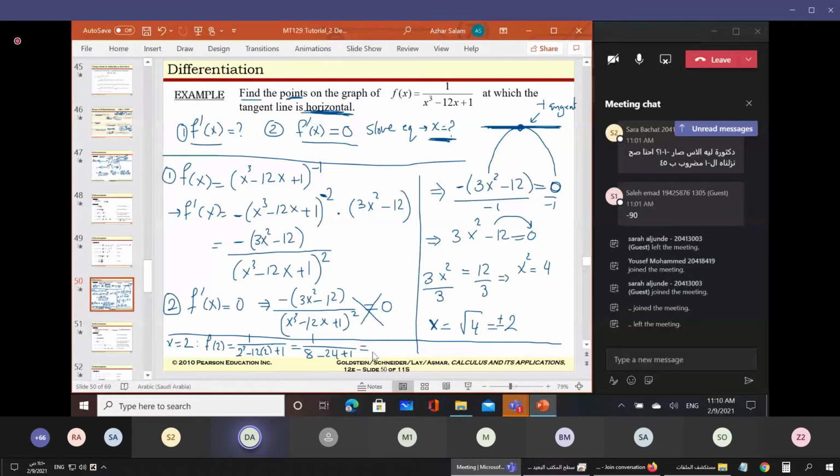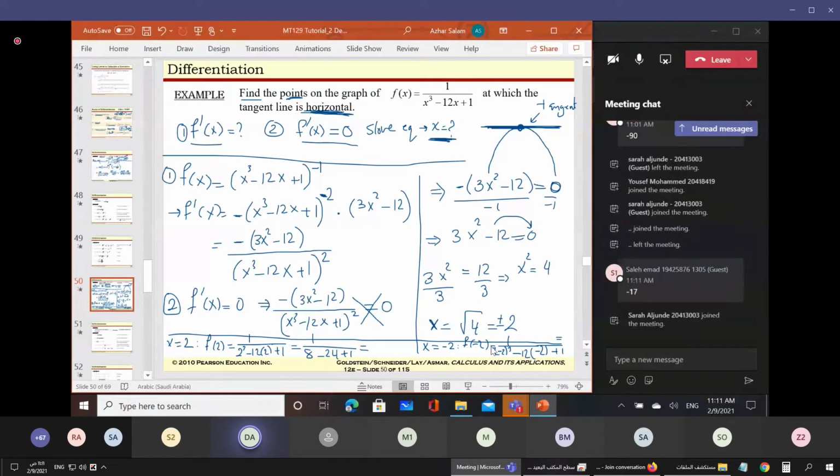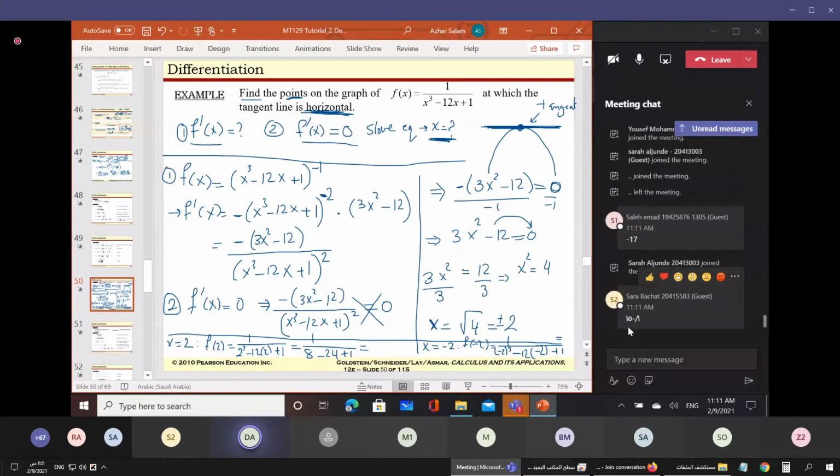Find this value, and also someone find this value. For x equals minus 2, f of minus 2 equals 1 over minus 2 to the power 3 minus 12 multiplied by minus 2 plus 1. Okay, and also find the result. Minus 17, sure.